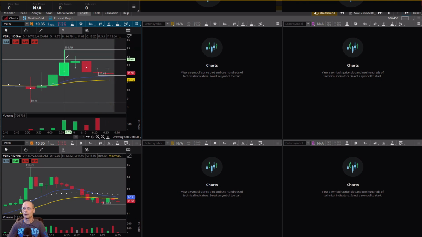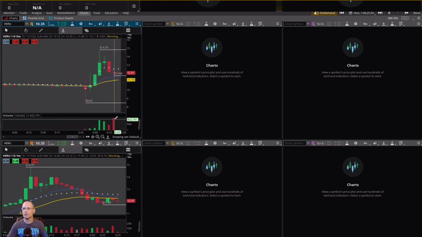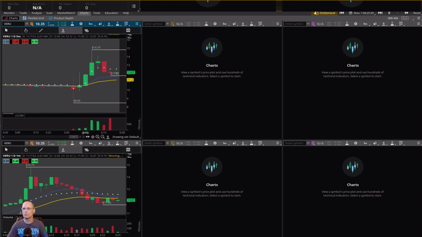Still have a long way to go to get up over the high of 14.79. Big red volume here on that Doge candle, so a lot of back and forth. And the bears won by a little bit.